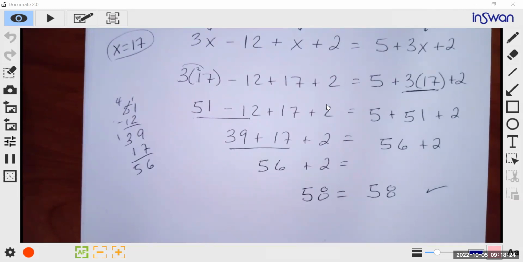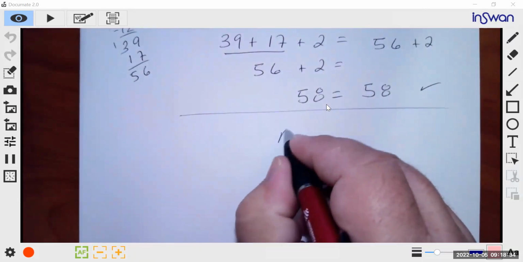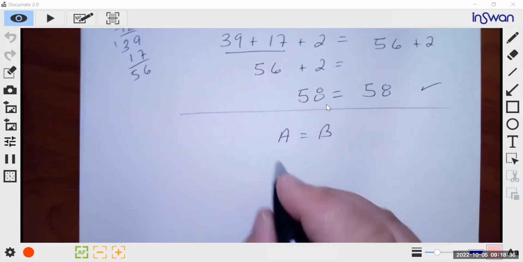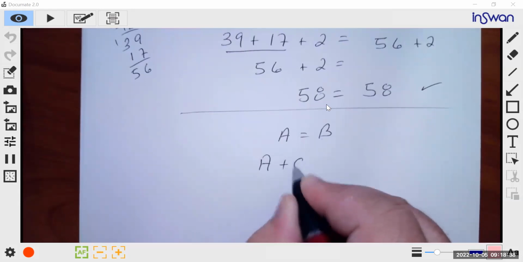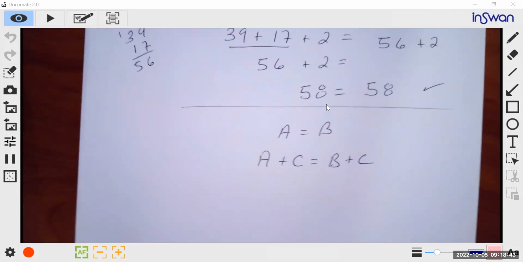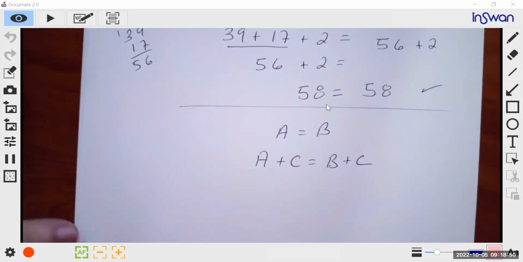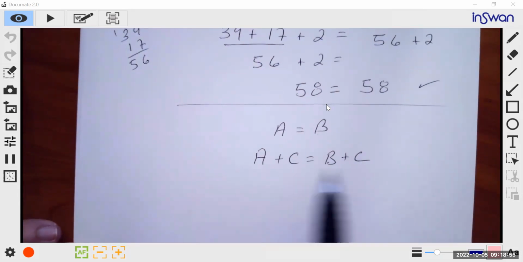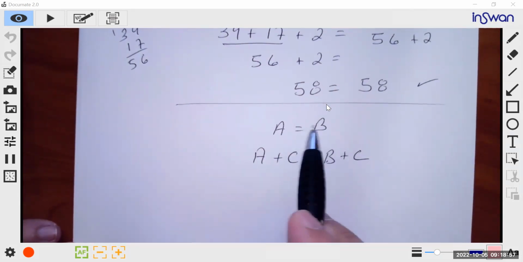Was it just because there's a lot of numbers? Treat each pair of numbers at a time. Remember this first rule I put on the board? If A equals B, and I add C to both of them, it's going to be equal, right? Let's go backwards. If I start off with this, I end up with this.